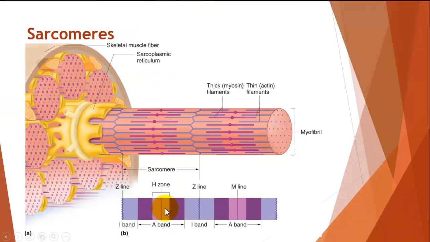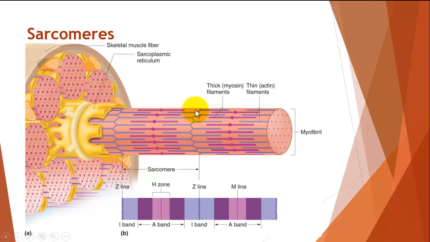So A-band, like I was saying, the darker colored here. I-bands are there. And then the Z line is basically the distance between, so here to here is one sarcomere, and then from here to there is another sarcomere. So the I-bands are the lighter areas. These are the A-bands.